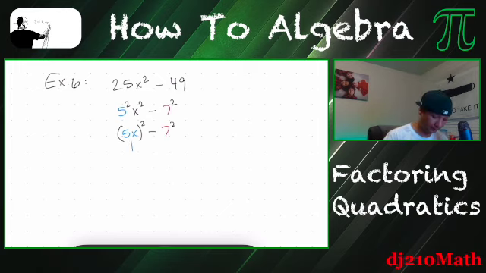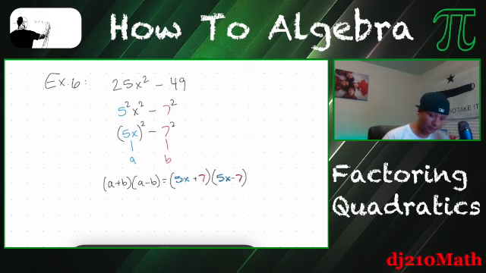Again, this is a, 5x, and this is b, 7. Once you identify a and b, you can go straight to a plus b, a minus b. So that's going to be 5x plus 7, 5x minus 7.